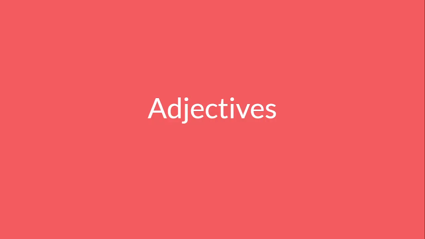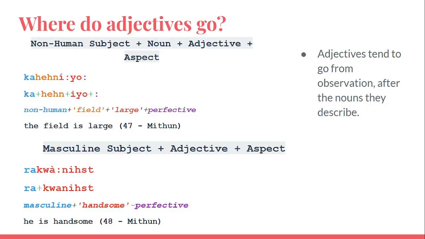All right, and adjectives. This is very, very simple. Basically, adjectives function like Spanish, so you put your description after the observation. The example at the bottom is not a very good example, only because you have to put your pronouns before anyway.